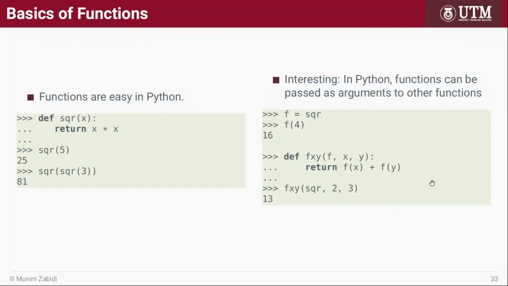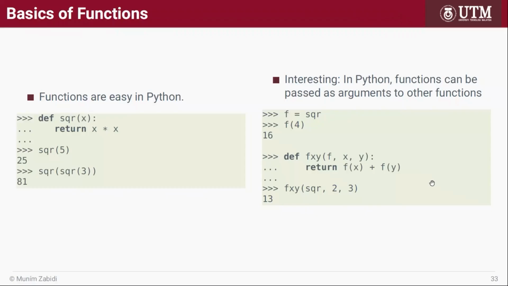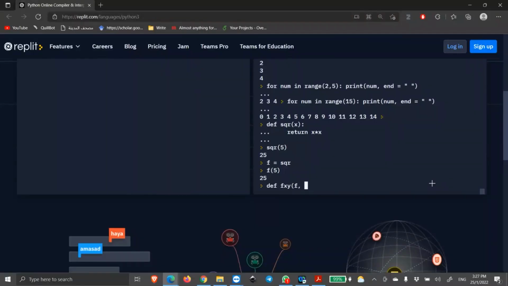And you can also do fancy stuff. In my example here, you can define fxy, where you have a combination of x and y inside there. So this becomes quite complex. Define fxy, and the inputs are functions.